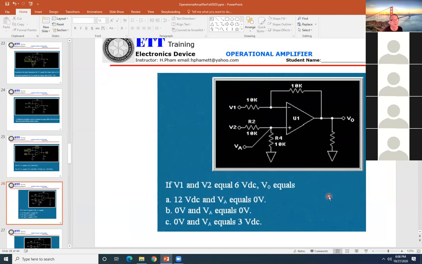Okay, now you do it for me. Select A or B or C. If V1 and V2 equal 6 volts, then what does VL equal?